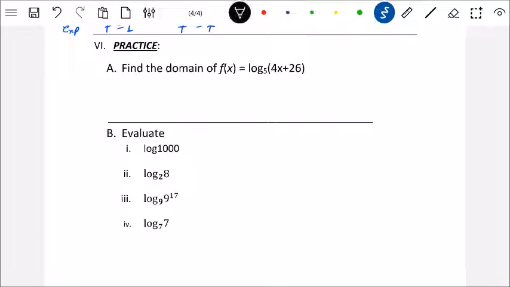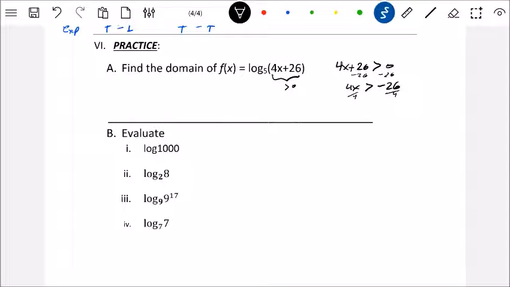All right, let's take a look at this. The domain, I have to make this greater than 0. So I'll do 4x plus 26 is greater than 0. And if I subtract 26 from both sides, I get that 4x is greater than negative 26.